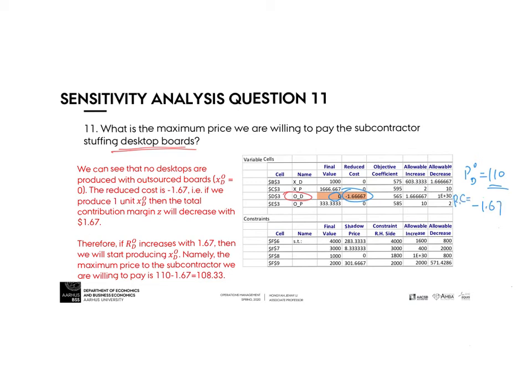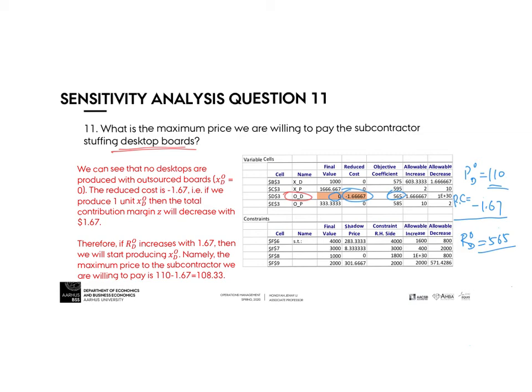Reduced cost means that you need to increase your objective coefficient so that you can buy more. Now you can see your objective function unit contribution margin for the desktop outsourced computers is 565.